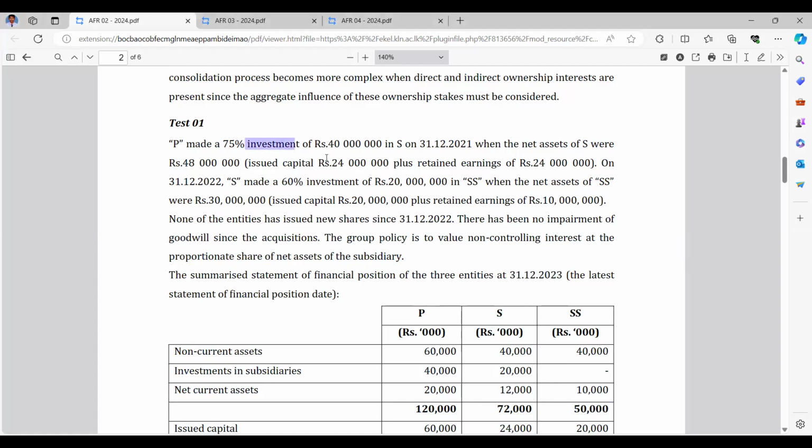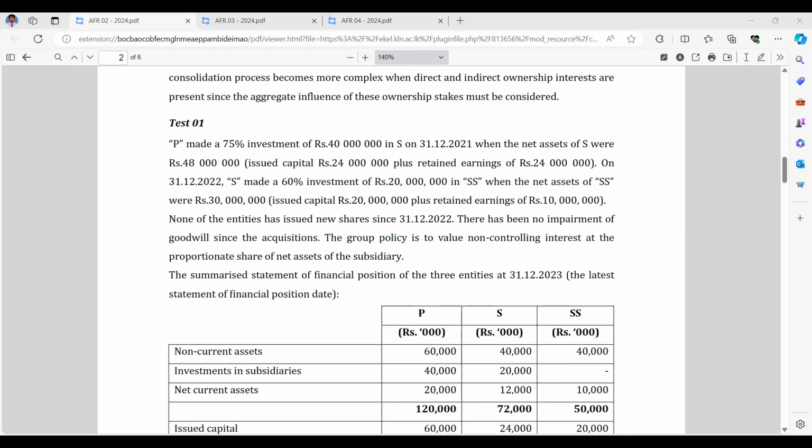Firstly, we deal with the investment in SS, 60% investment of 20,000. You can't recognize that 20,000 directly, because we only acquired 60%, it's SS. Only to 75% you can recognize, because you own S up to which percentage? Up to 75%. S made some investment in SS, but you don't directly own SS.